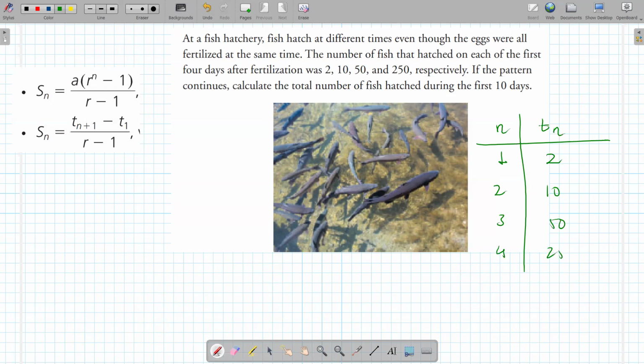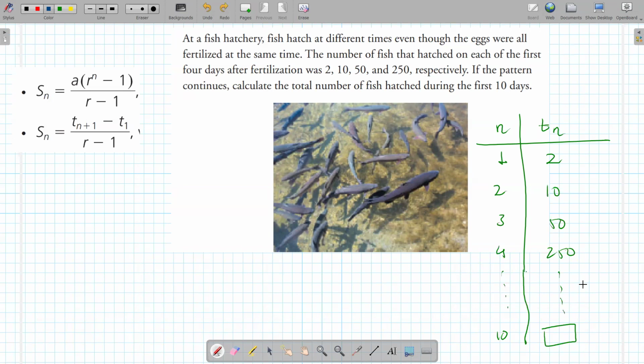Day 4, we had 250. And then the question is asking us, T10 or S10? It's S10. So we need to find the sum of this entire thing.